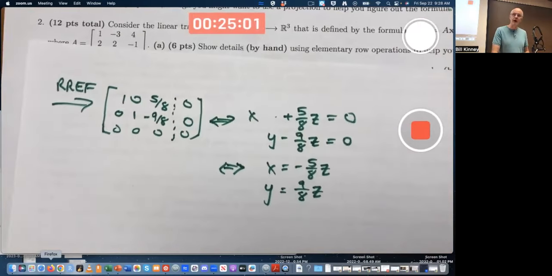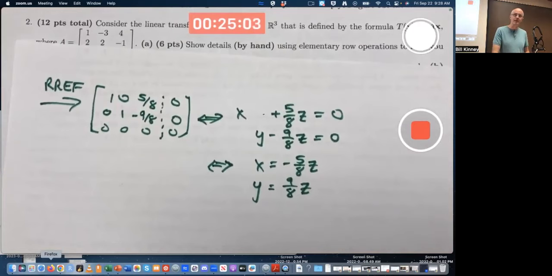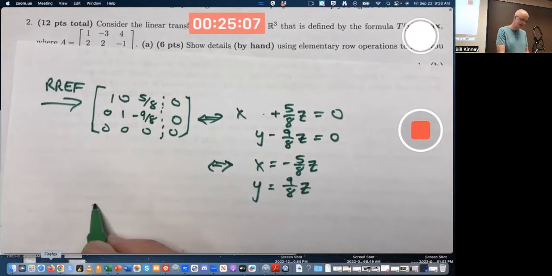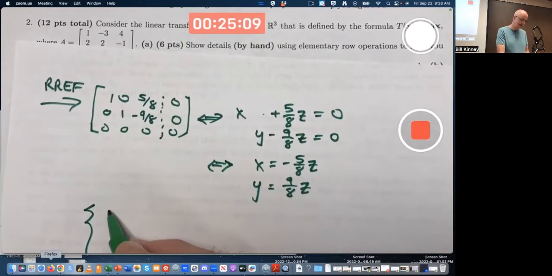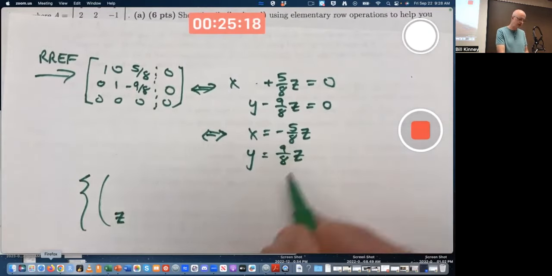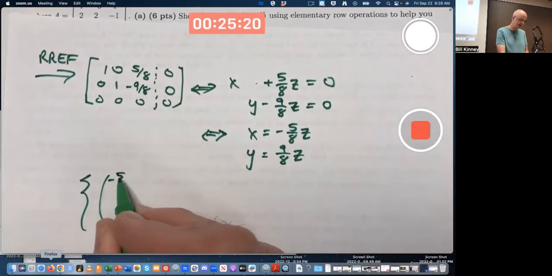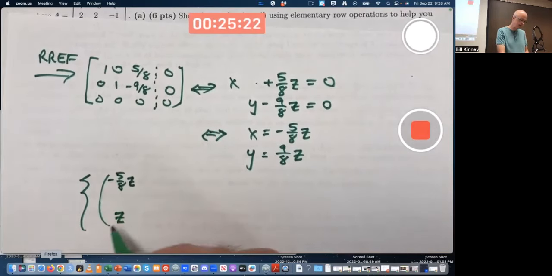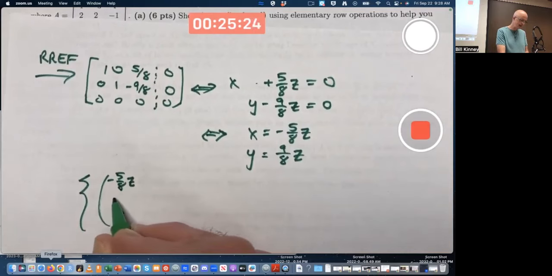So one way to write the parametric vector form of the solution set is to say, hey, z is my free variable, z is just itself, and then use these equations to write x and y in terms of z. So x is negative 5/8 z, and y is 9/8 z.